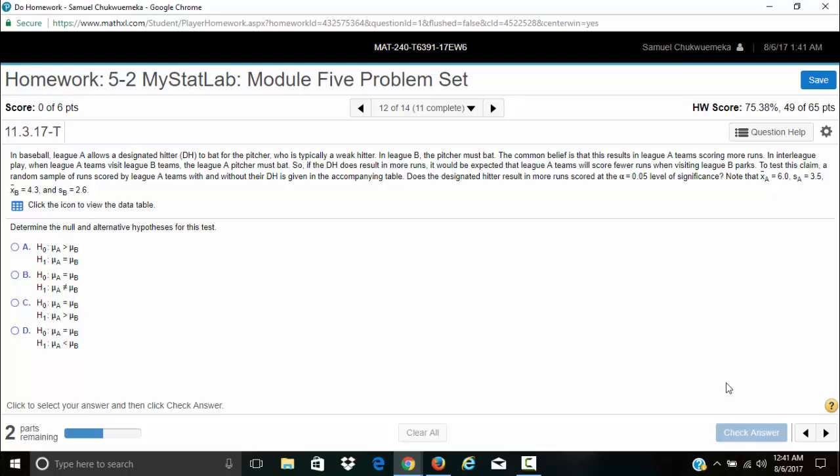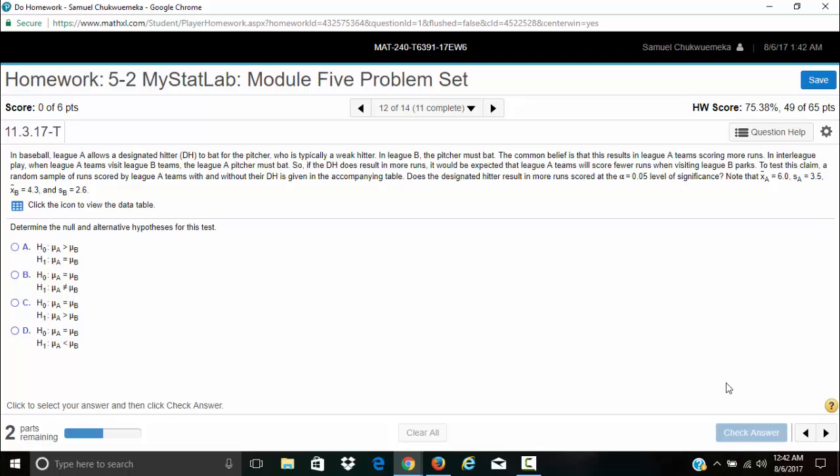So, if the designated hitter does result in more runs, it would be expected that League A teams will score fewer runs when visiting League B parks. To test this claim, a random sample of runs scored by League A teams with and without their designated hitter is given in the accompanying table. Does the designated hitter result in more runs scored at the 5% level of significance?